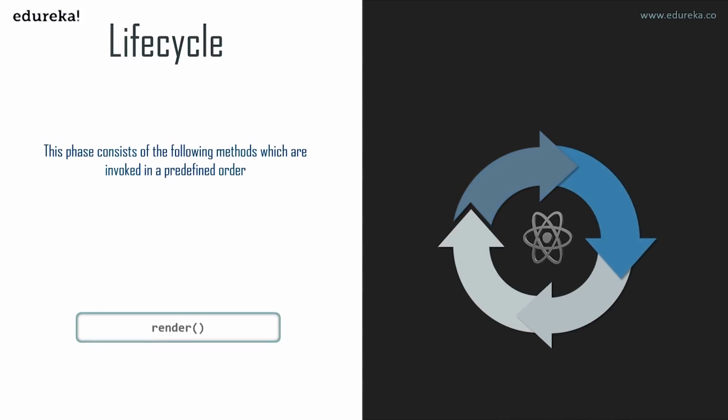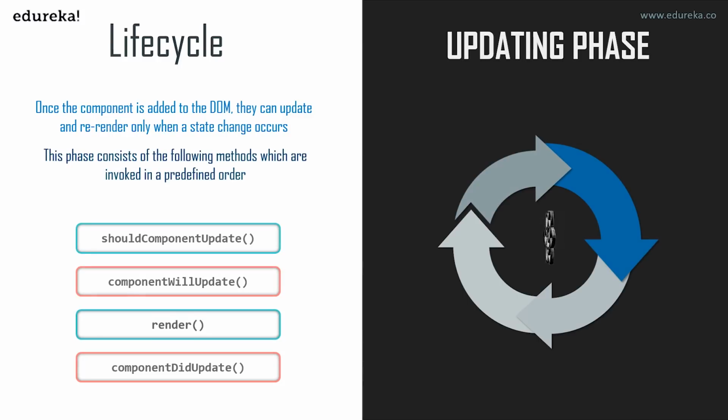Now the second phase, that is the updating phase. Once the component is added to the DOM, because in the previous phase, the initial phase, the component was on its way towards the DOM, but now since it has reached the DOM, it can update and re-render only when a state change occurs.